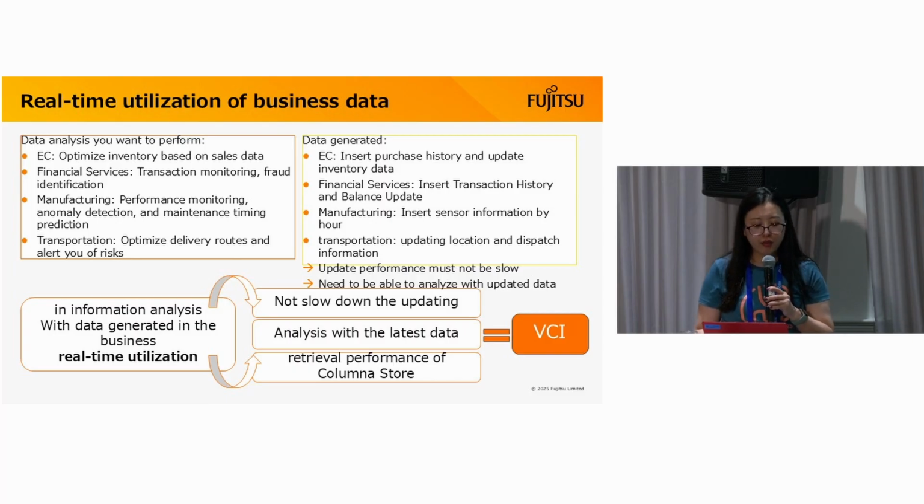The second functional area of VCI is data compression, and the third is parallel scanning. I also plan to hold columnar store data in memory.